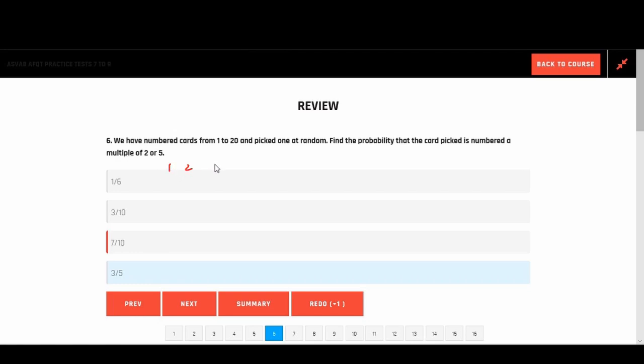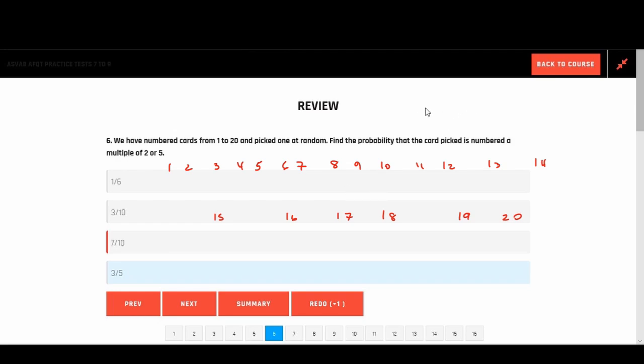1, 2, 3, 4, 5, 6, 7, 8, 9, 10, 11, 12, 13, 14, 15, 16, 17, 18, 19, and 20. The question is, what is the probability of picking a face value that's either a multiple of 5 or 2?